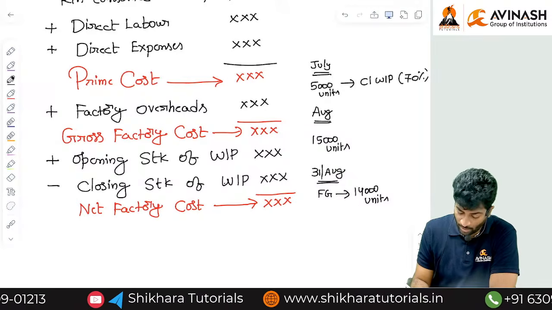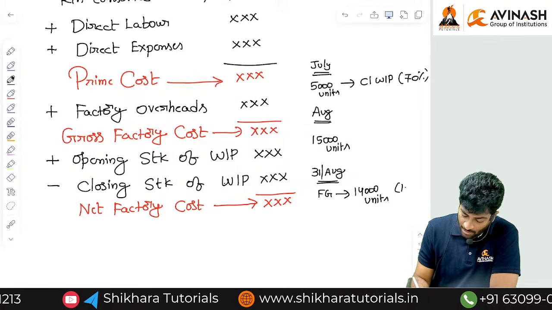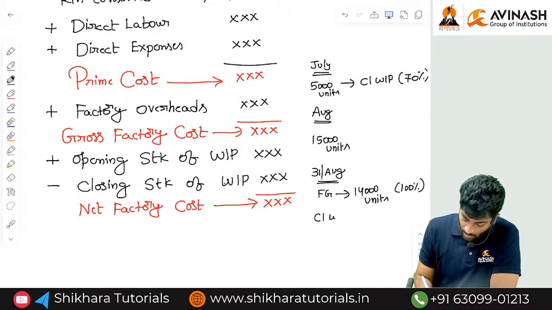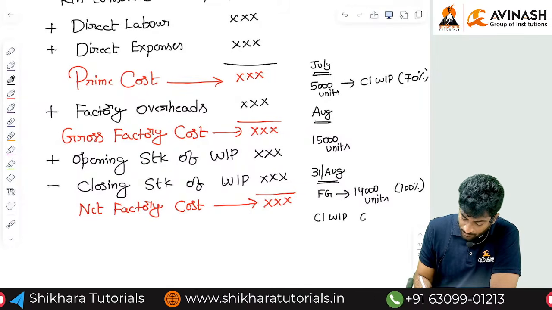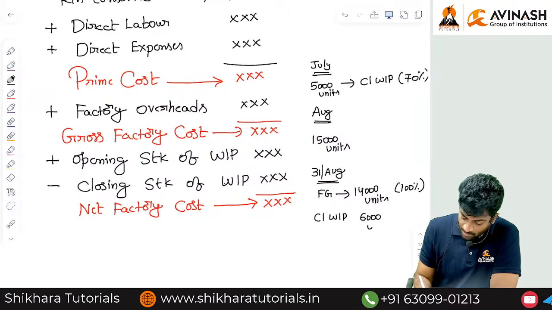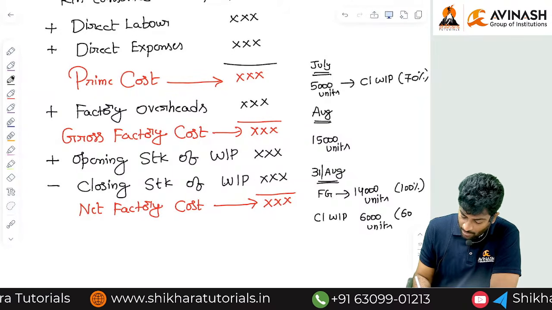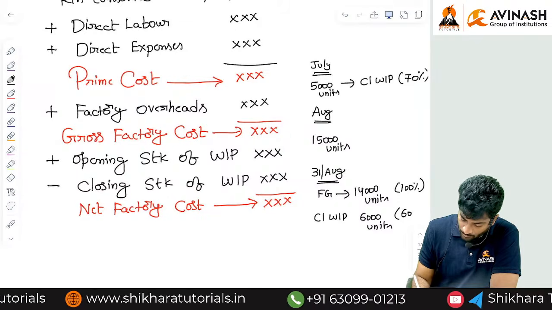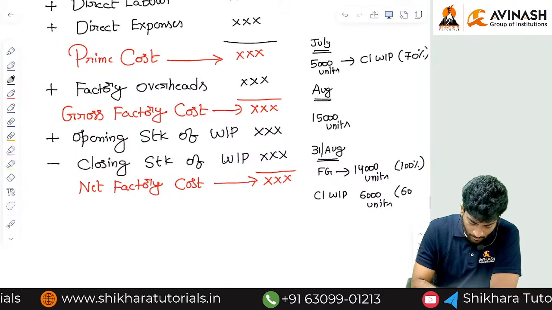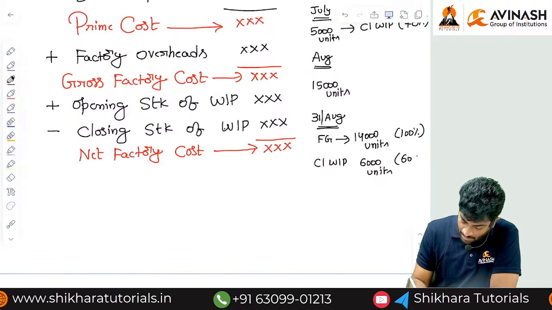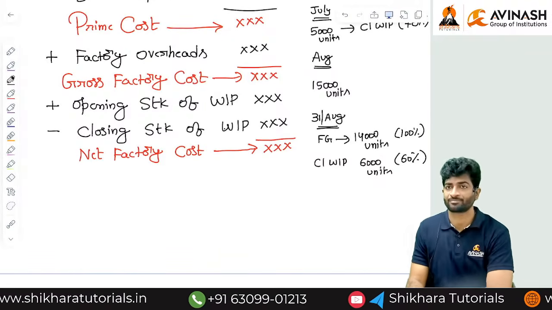Now finished goods are 14,000 units. Here closing work in progress is 6,000 units, completed to the extent of 50%.